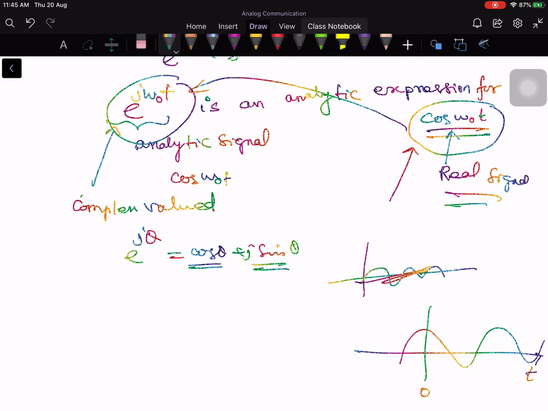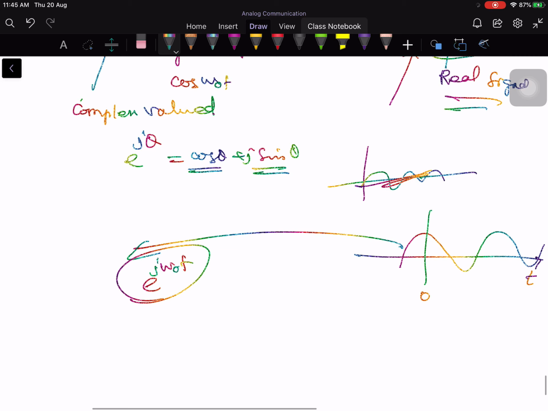For every real signal, there is an analytic expression. What is that analytic expression? E to the j omega naught t. Why do we need this analytic expression? Because manipulation is very easy in this case. This is a specific case I have taken, but what I am trying to say is you can take any arbitrary signal, and for that I can construct an analytic signal.